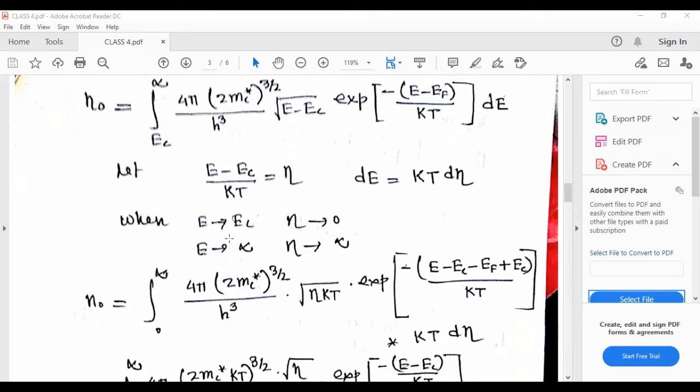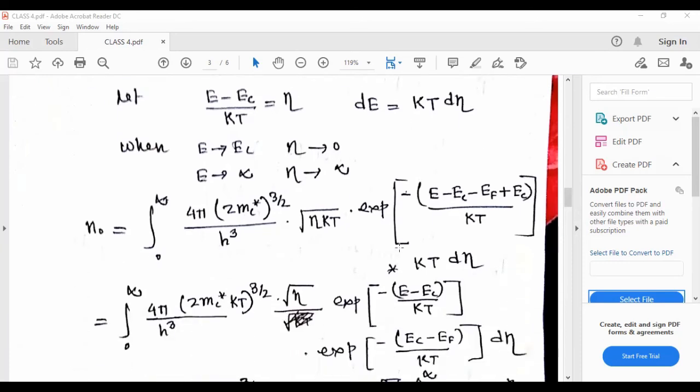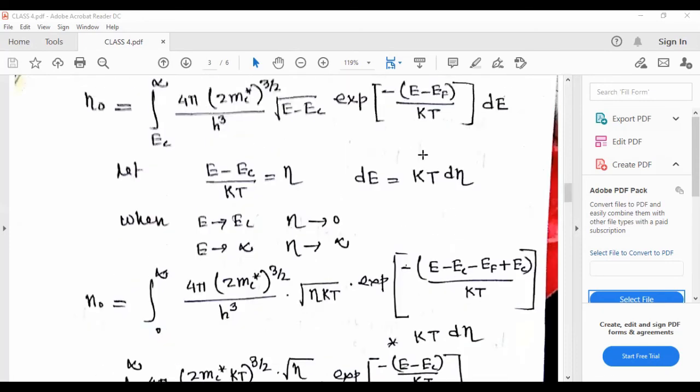To change the limits: when E tends to Ec, eta tends to 0, and when E tends to infinity, eta tends to infinity. So N0 is nothing but the integration from 0 to infinity of 4 pi (2 mc star) to the power 3 by 2 divided by h cube, root over of eta KT, into exponential of minus (E minus EF).